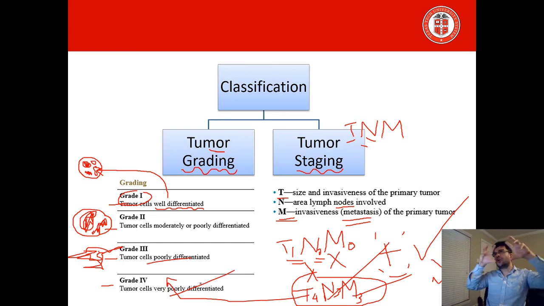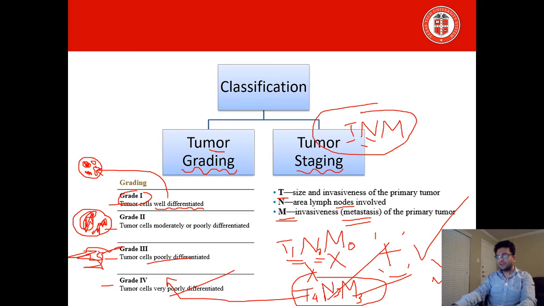So a sort of prognosis and treatment plan can be decided keeping this TNM classification or staging into perspective. And you have TNM classification for all sorts of different cancers, whether it's stomach cancer or in the GIT or the pancreatic cancer, and you'd have all these stages. Stage 1 is T0, N0, M0, or whatever it is, but the whole idea is that TNM stands for tumor, nodes, and metastasis.